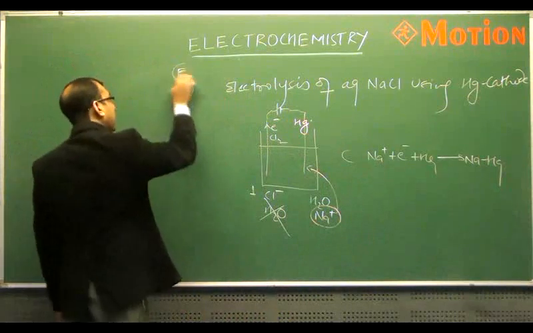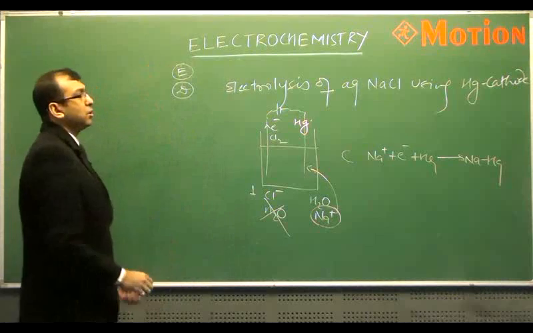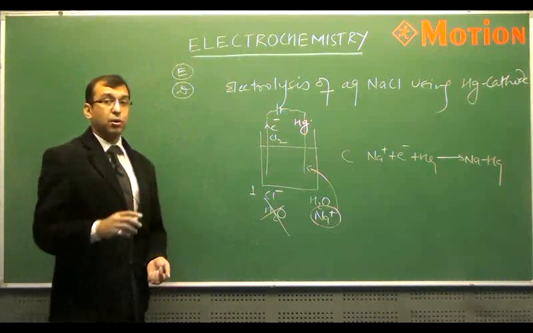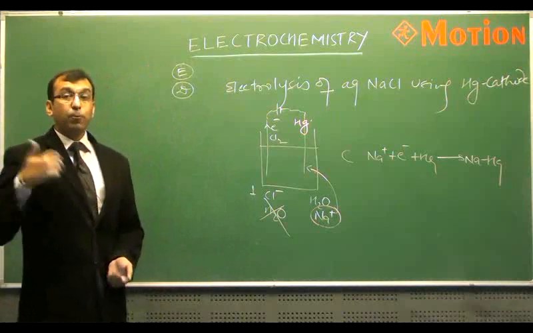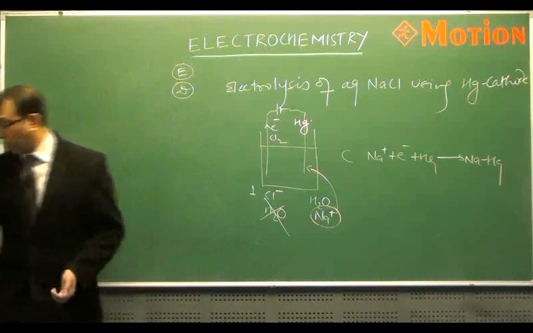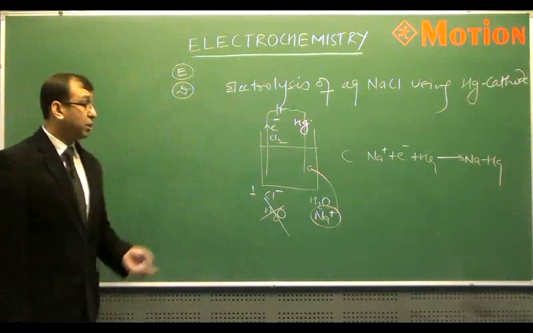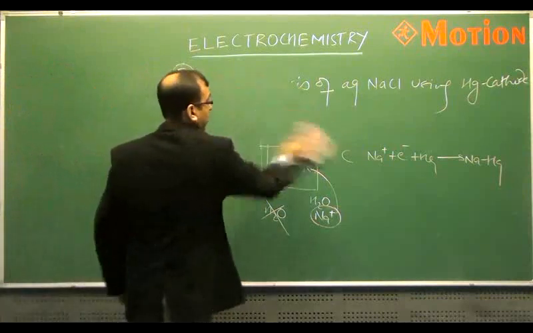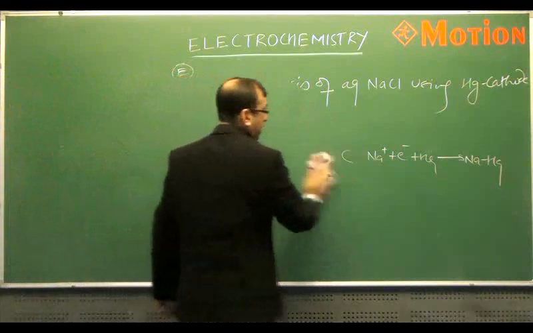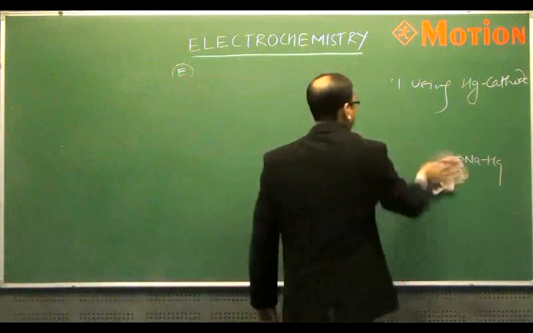The case E. Now I am taking electrolysis of aqueous copper sulfate solution using copper electrodes. Is the copper electrode an active electrode? Yes. Copper electrode is the active electrode.